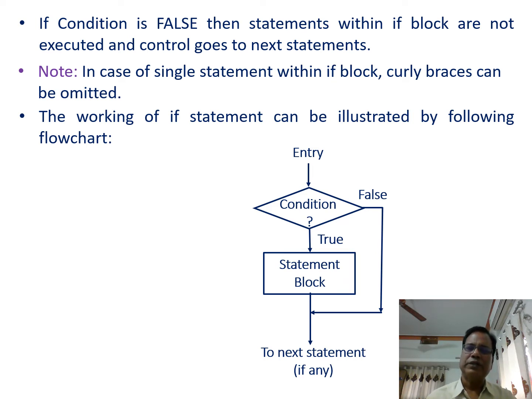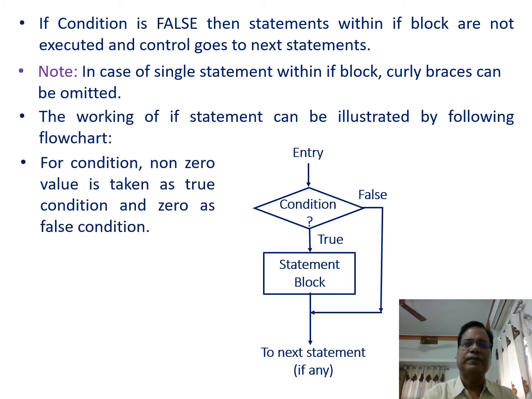If the condition is true, then the block of statements called the if block is executed, and after that the next statement is executed. If the condition is false, in that case the if block statements are skipped and the next statements are executed.